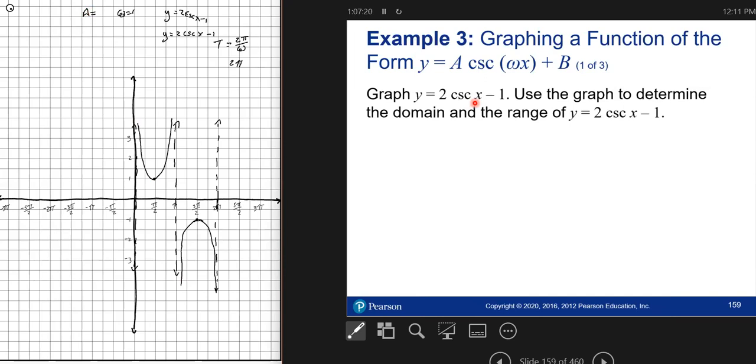And so A is 2, and that means the amplitude also is 2. So I'm going to multiply each of my y values by 2. So this +1 times 2 is up to here. And this -1 becomes -2.